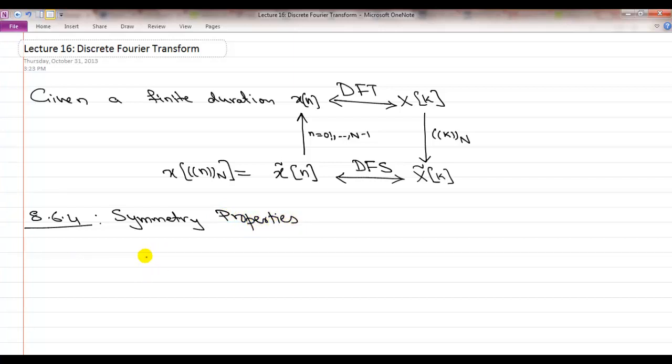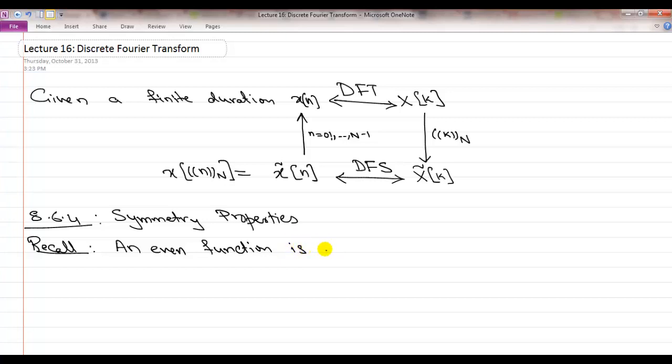which effectively go back to: if you are given an even sequence, what does the Fourier transform look like? Or if you are given a real valued sequence, what does the Fourier transform look like, and things like that. So just to remind you, the formal definition of an even function, and the definition is true whether you're talking about discrete time or continuous time, so I'll just use a generic version of that.